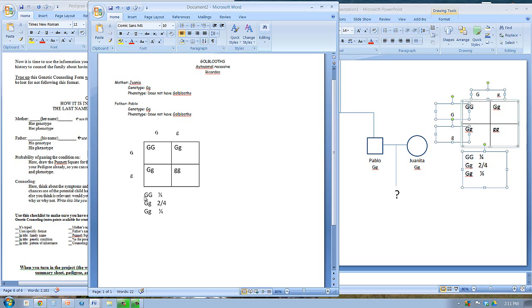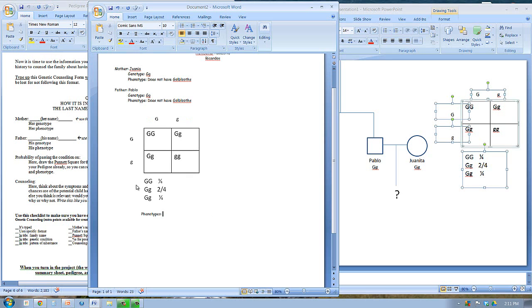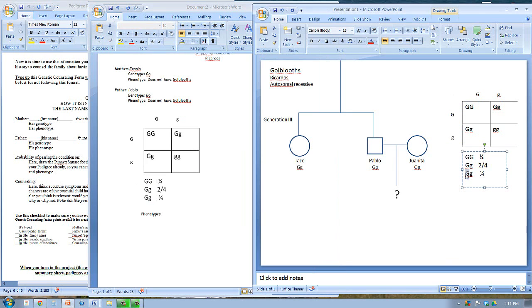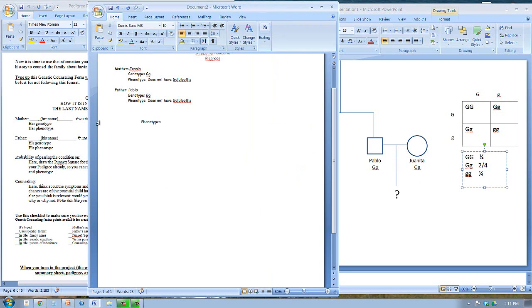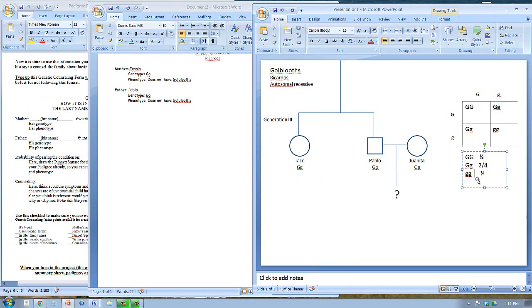So there's my genotypes. I'm just going to tab in here and say phenotypes. My possible phenotypes for the kids, because it's a recessive disorder. And I had a mistake there. Be careful, because since I started on a new line, what it did was it capitalized me. Like if I hit space here, every once in a while it will capitalize it.